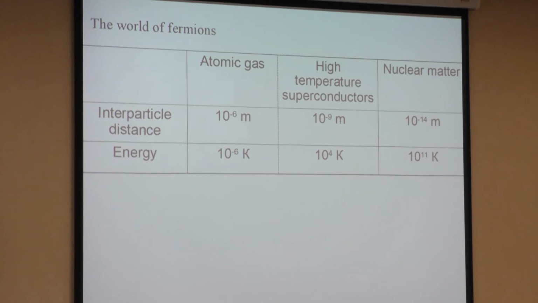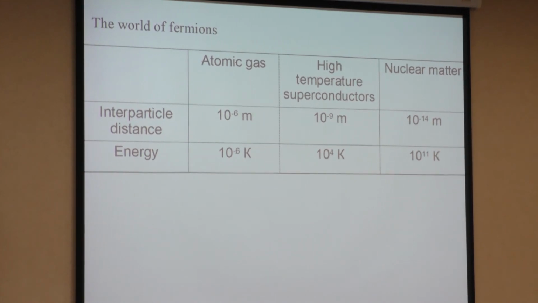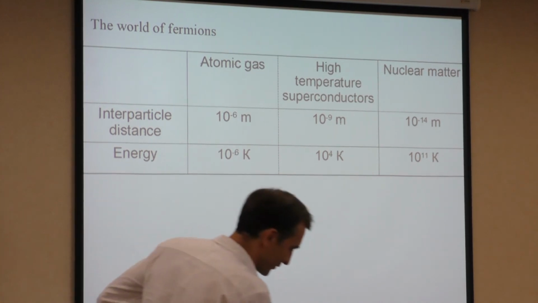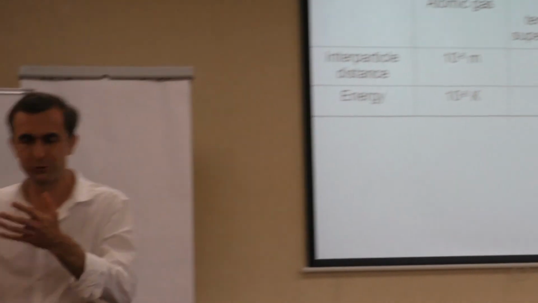I'm considering fermions with infinitely large S-wave scattering length. And this situation is very close to neutron matter, for example neutron matter in the crust of a neutron star. Because what we have on a neutron star, and also in heavy nuclei, are also fermions.